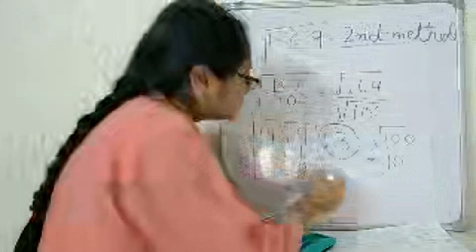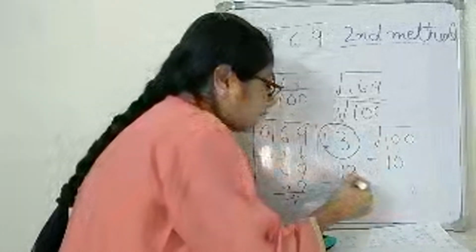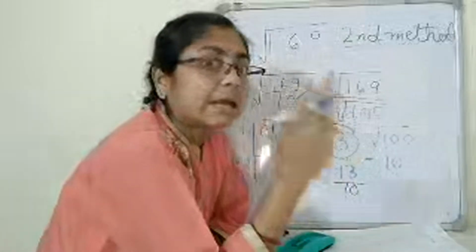Root 100, we know the result. It is 10. But look, we start the math from the decimal. So our answer should be in decimal, not in fraction. If someone writes 13 by 10, according to math it is right, but technically it is wrong.